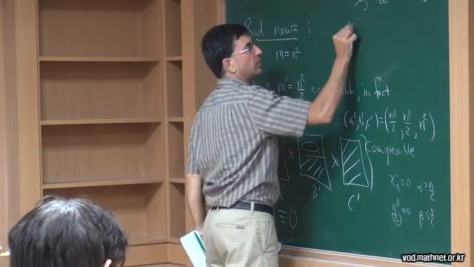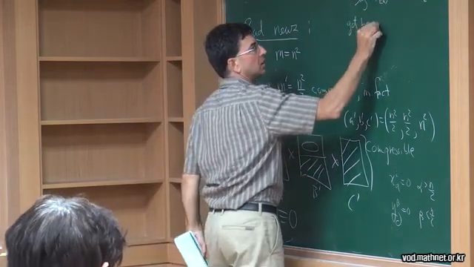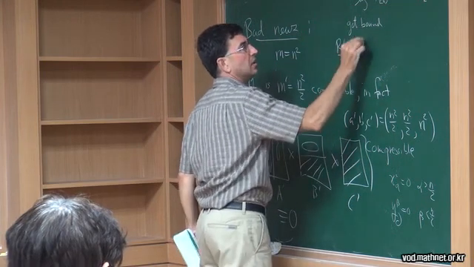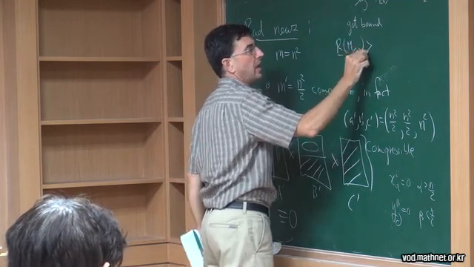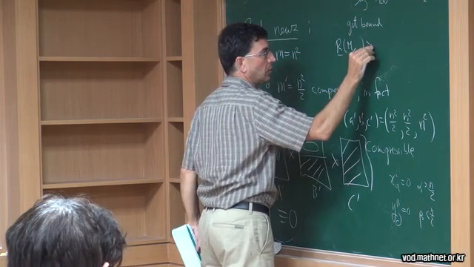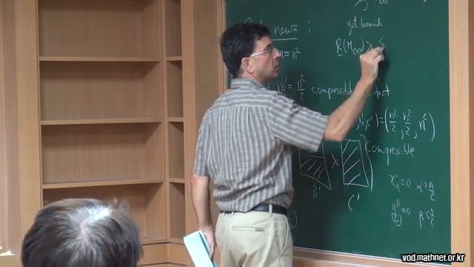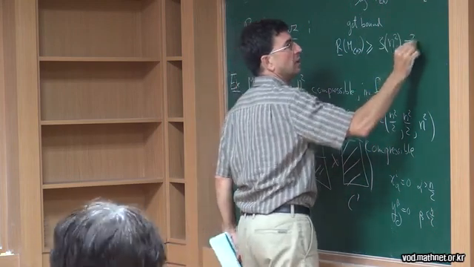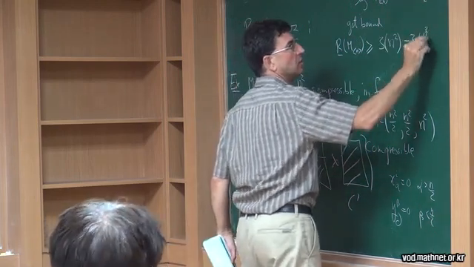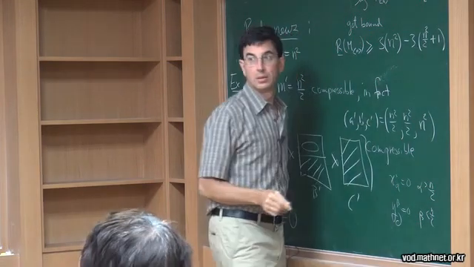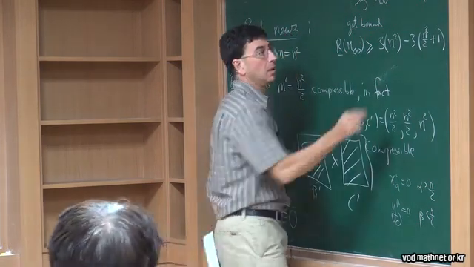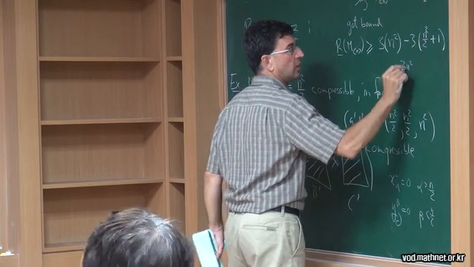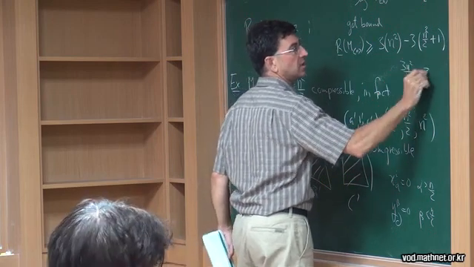Then we'd get the bound that the border rank of M_n is greater than or equal to 3 times n squared minus 3 times n squared over 2 plus 1, which is 3n squared over 2 minus 3.